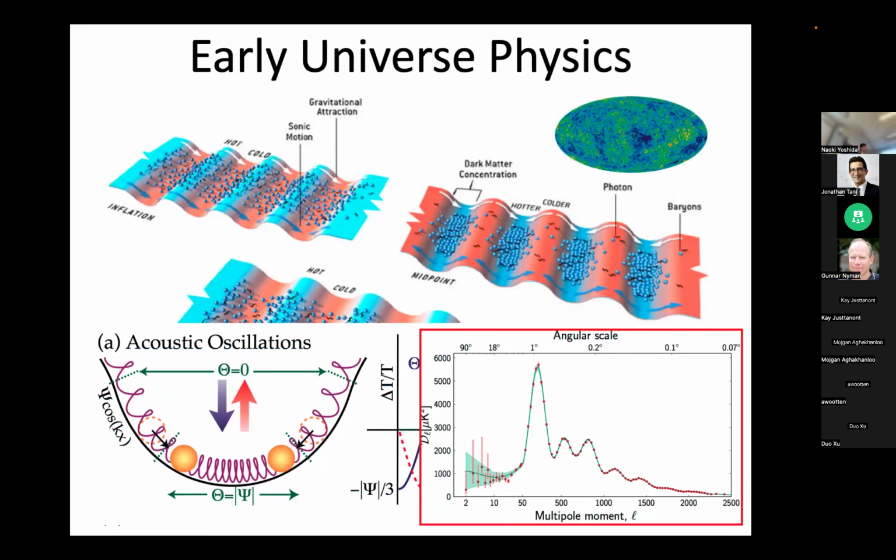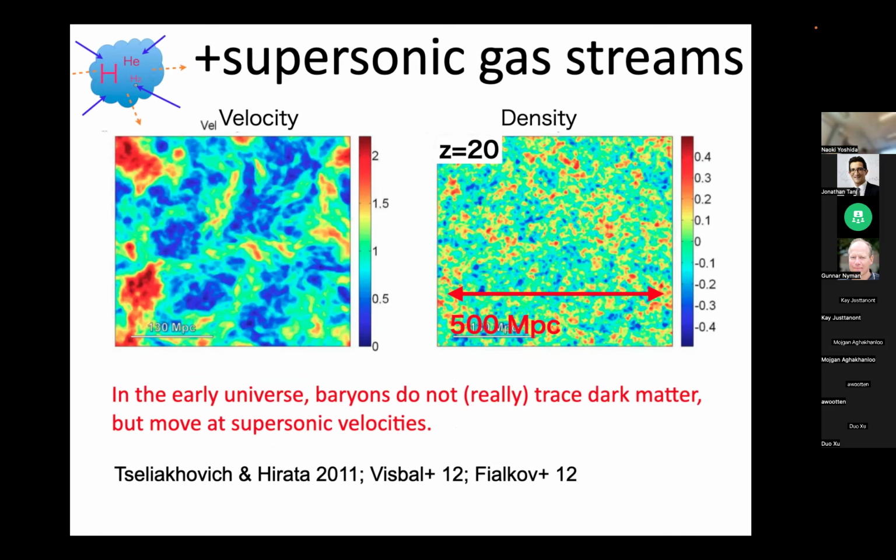In the early universe, there is a gravitational potential from dark matter, and the photon-baryon fluid was moving within this potential, generating characteristic acoustic motions. That's something we directly observe as the cosmic microwave background. Typically, this generates supersonic gas motions with respect to dark matter.